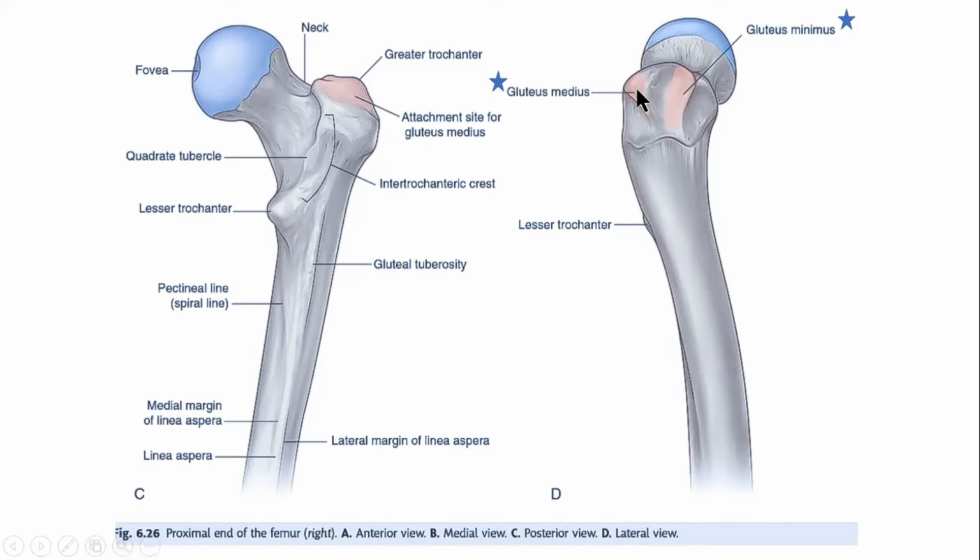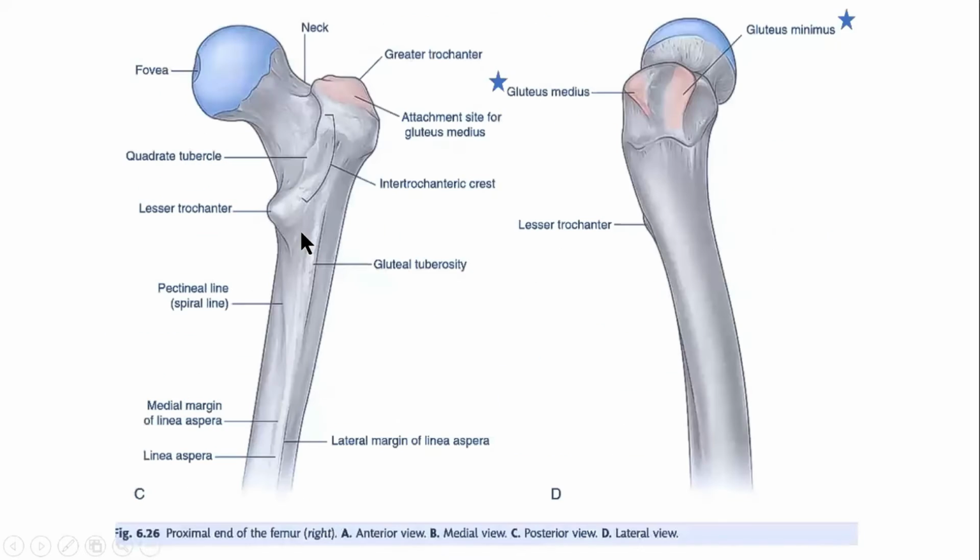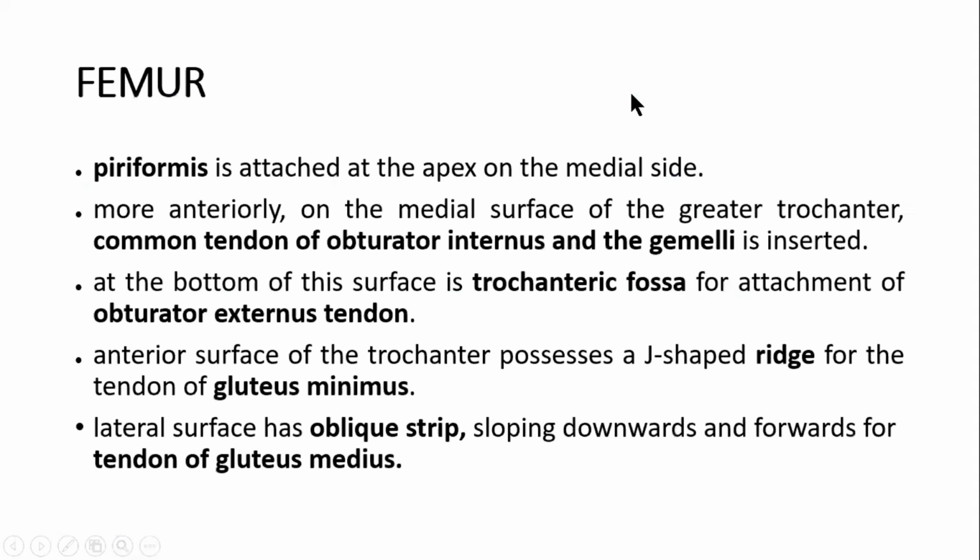This is a beautiful attachment laterally of the gluteus medius on the greater trochanter, right? Here is the gluteus medius. Also, this is a classical picture. Going back, you see this is the gluteus minimus and this is the gluteus medius.